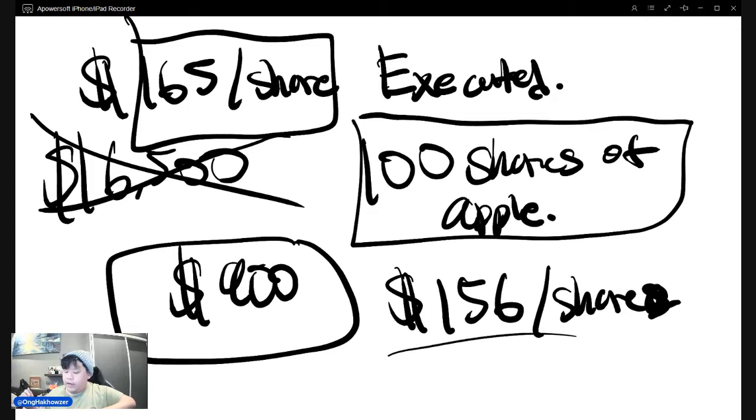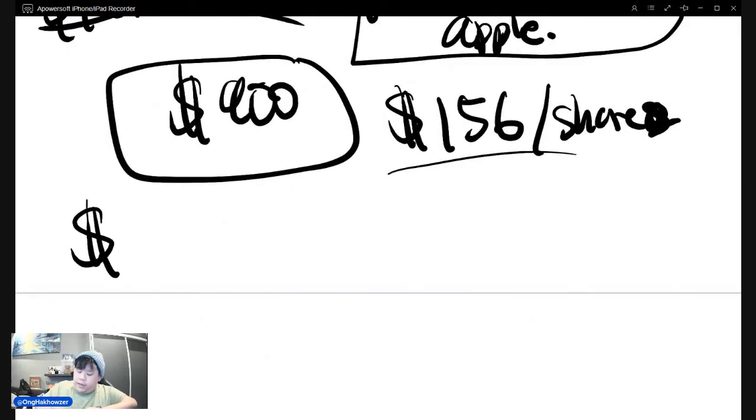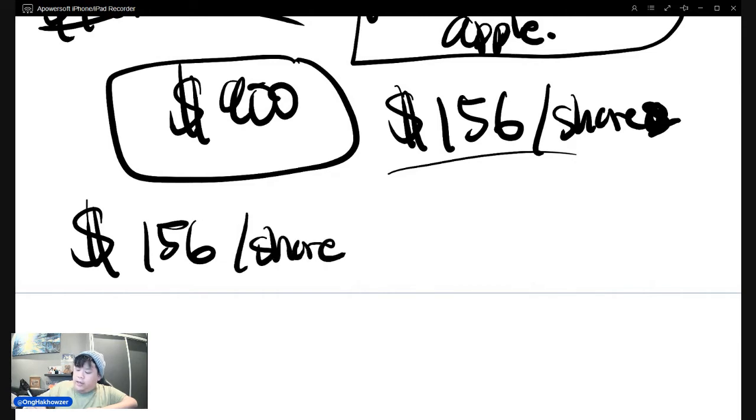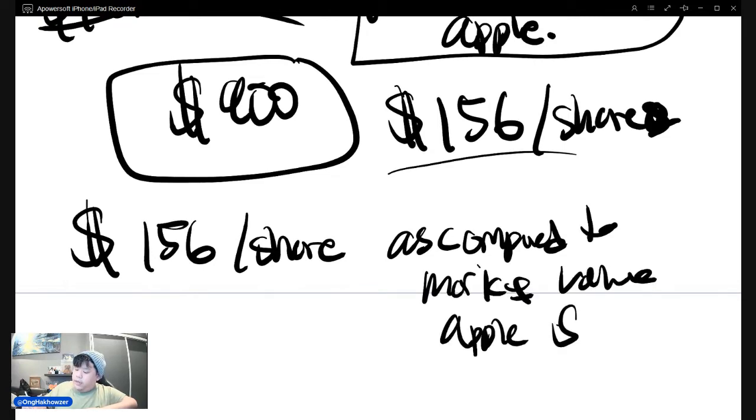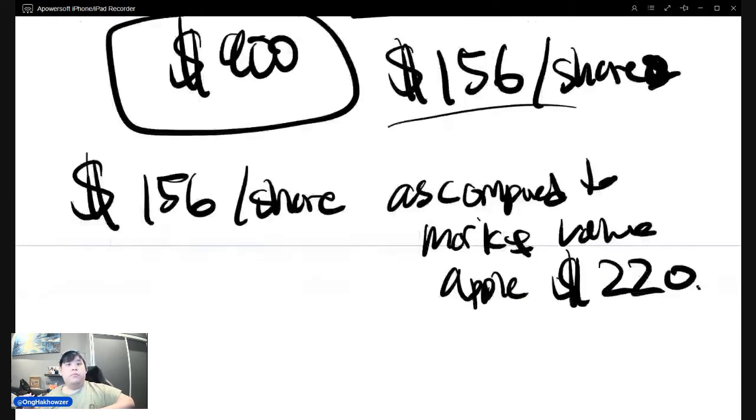So right now you have $156 per share as compared to the market value of Apple at $220.